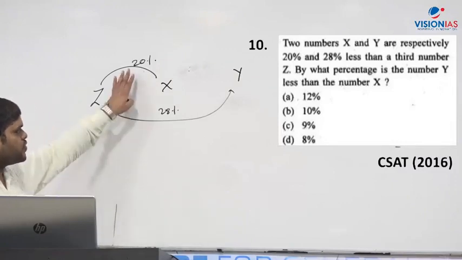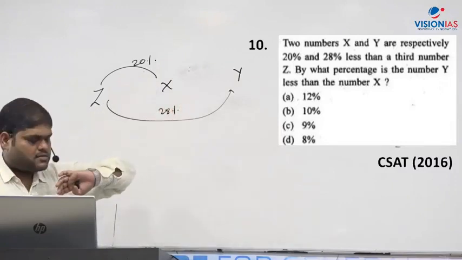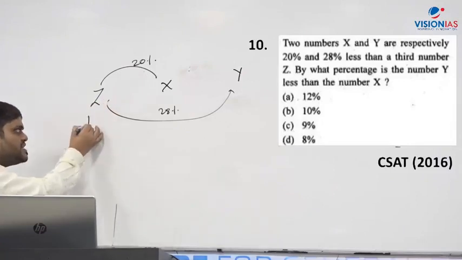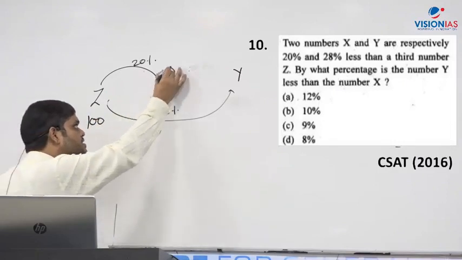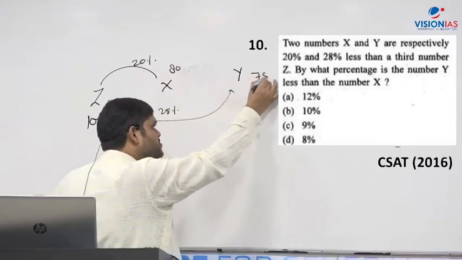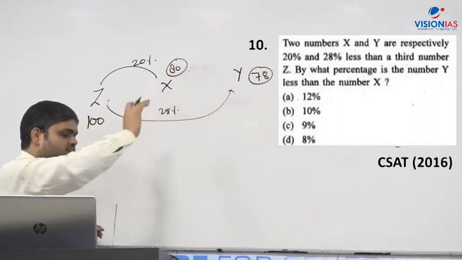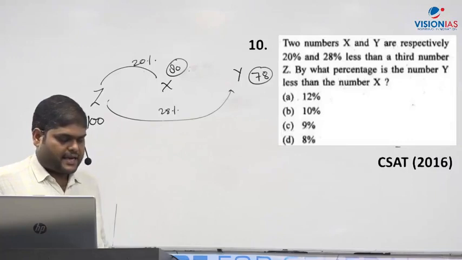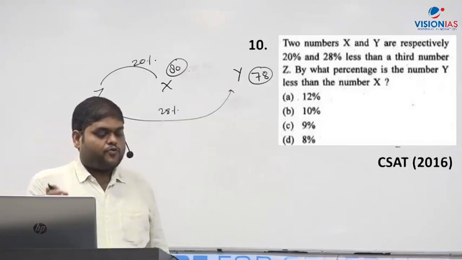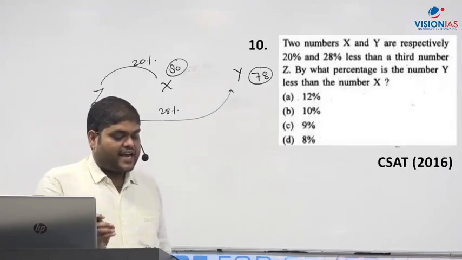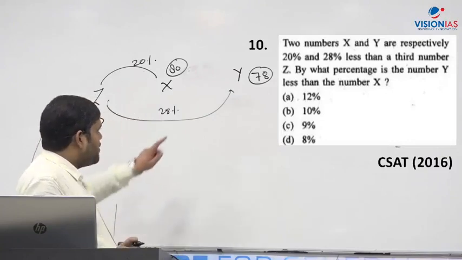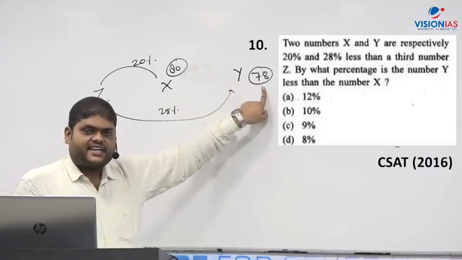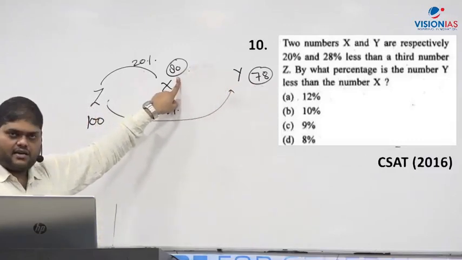The third number, I have already discussed, will be 100. This becomes 80, this becomes 78. This is the first statement. Now, by what percent is number Y less than number X? The question becomes, by what percent is 78 less than 80?